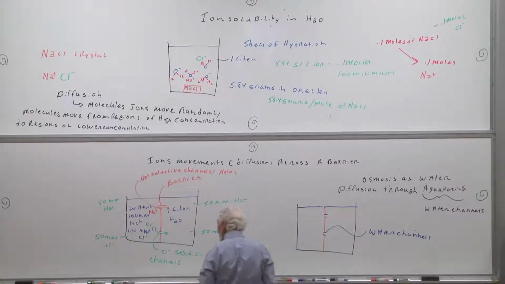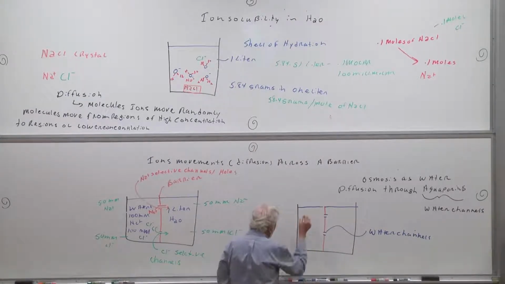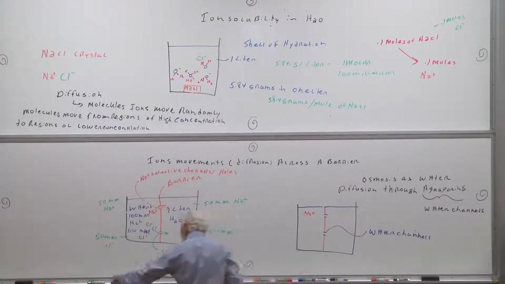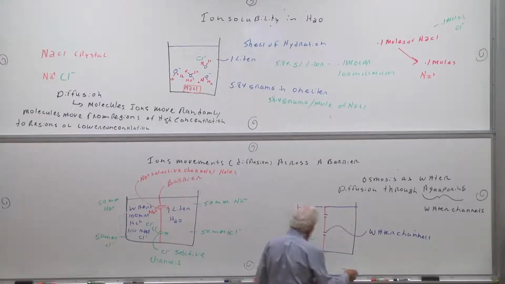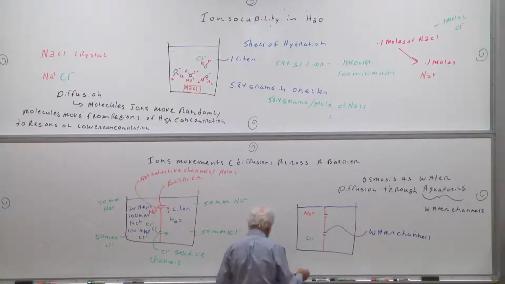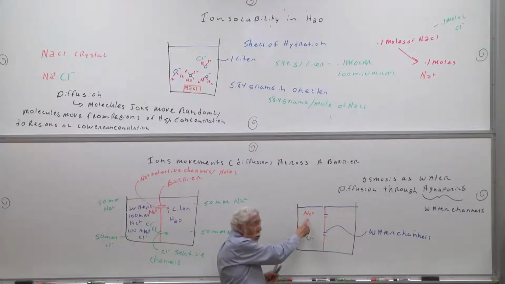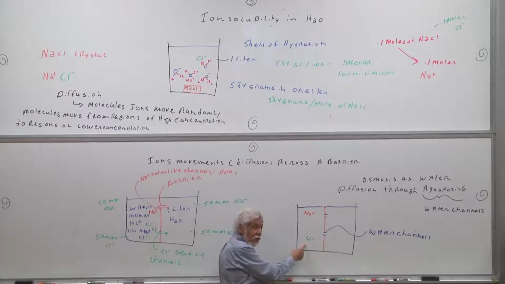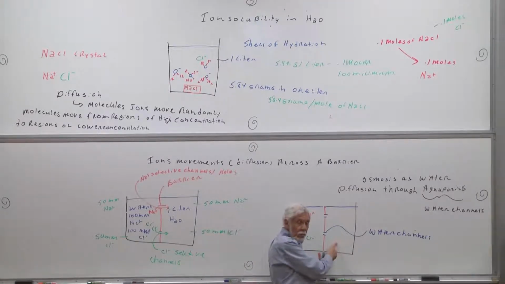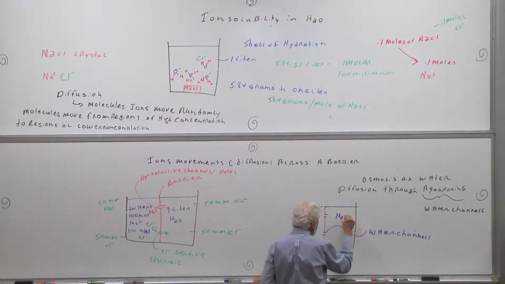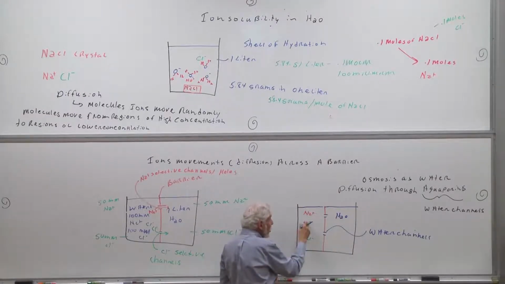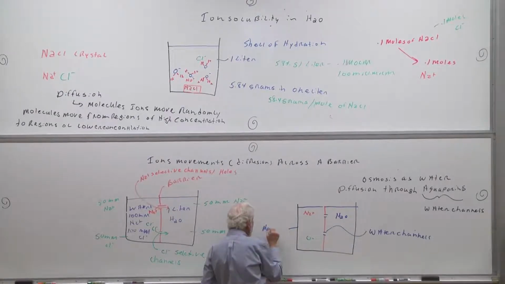We're going to do exactly the same arrangement where we have sodium ions and chloride ions in the left-hand chamber. There will be 100 millimoles of sodium ions, 100 millimoles of chloride ions. And over here, we just have water. So there's only water here. And here we have a combination of water and ions.